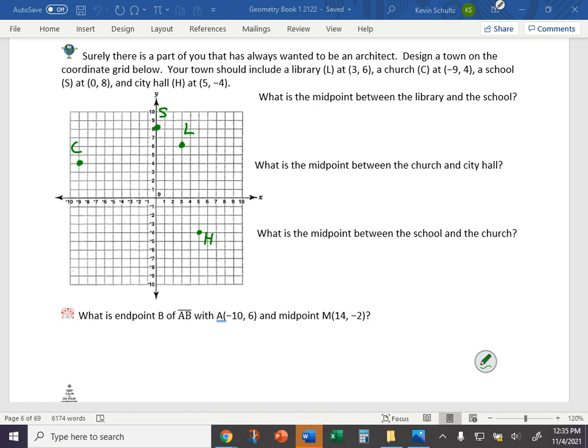And then for Brainbuster down here at the bottom, it says, what is the endpoint of segment AB with point A being negative 10, 6, and the midpoint being 14, negative 2? So in this last one here, I'm giving you one of the endpoints, and I'm giving you the midpoint. How do you work through the formula to get the other endpoint of the segment?